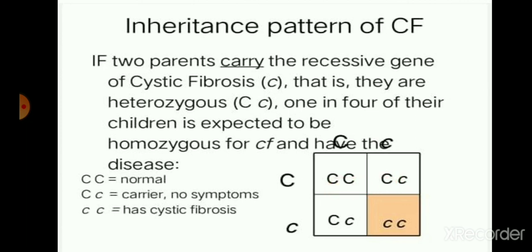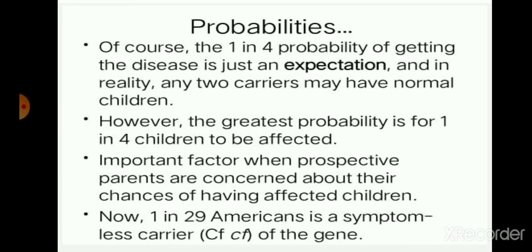The third also has one dominant allele and one recessive allele, while the last one has both alleles recessive, showing cystic fibrosis symptoms, so the disease appears in the fourth child. In this way cystic fibrosis is inherited generation by generation.